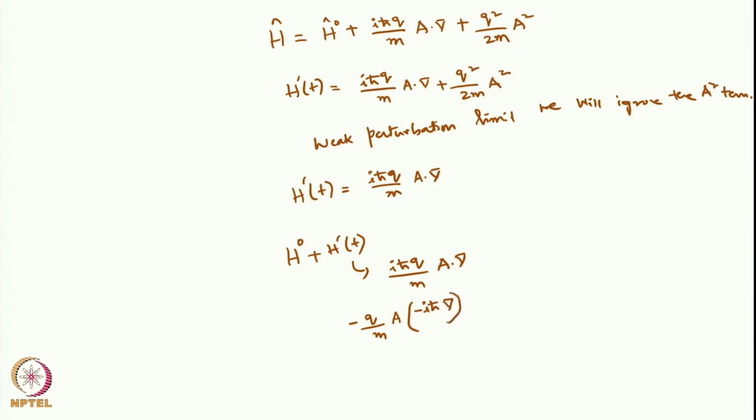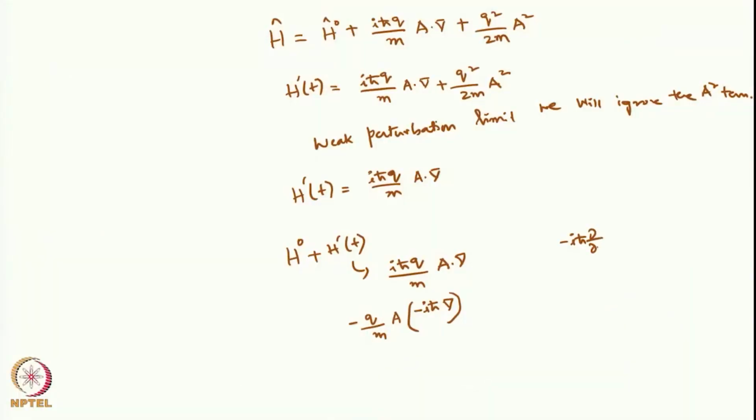Okay. What is minus ih bar del? Minus ih bar del is nothing but p. Remember, minus ih bar d by dx is equal to operator p.